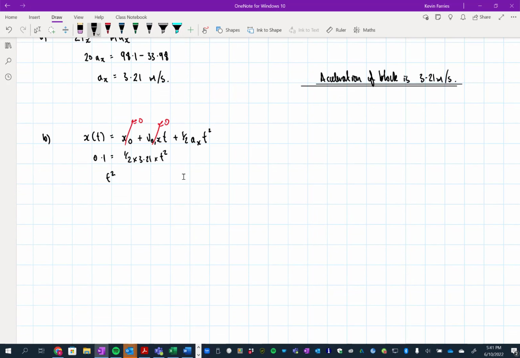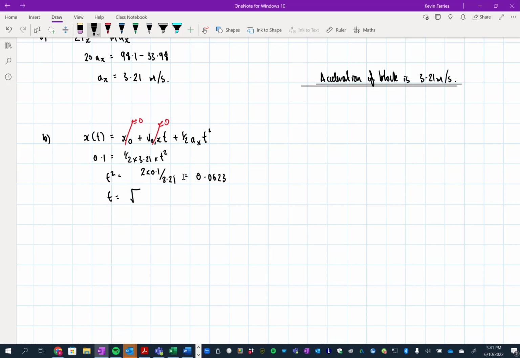So t squared is equal to, with the half on one side, times by 2, 2 times 0.1 divided by 3.21, which is equal to 0.0623, and therefore t is equal to the square root of that.